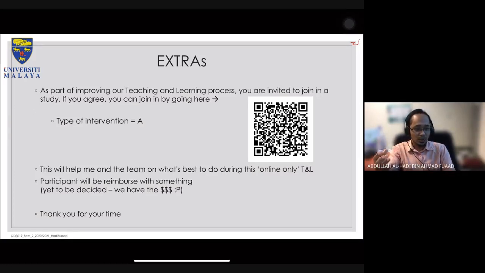If you want to participate, you can scan this QR code and answer very few questions. For today, the type of intervention, if you want to participate, is just A. A means that it's a live lecture like this, and B is when the lecture is given as a recorded lecture with the questions embedded.